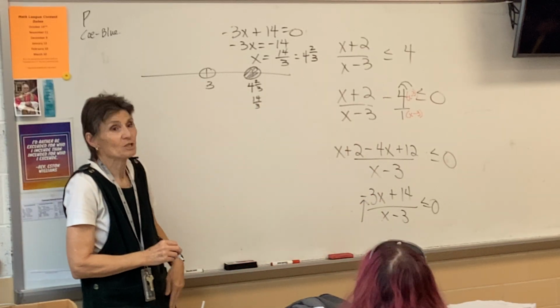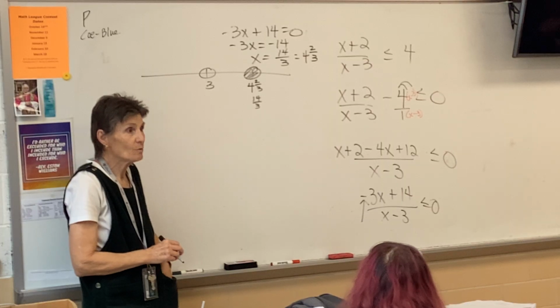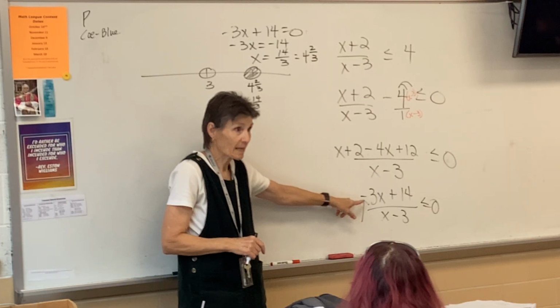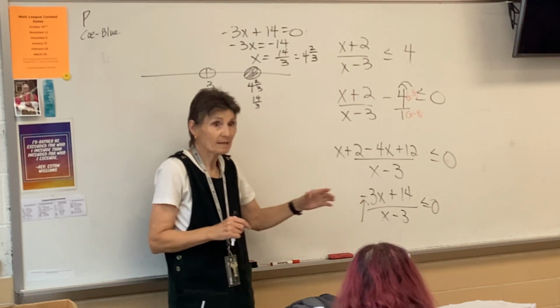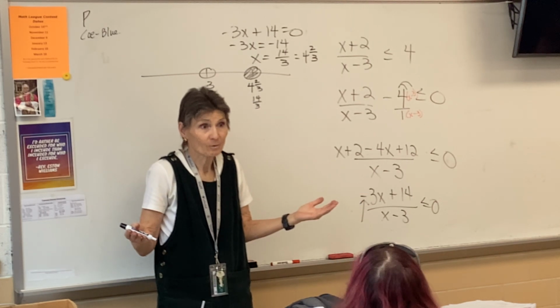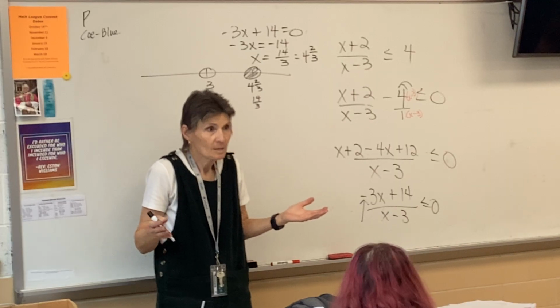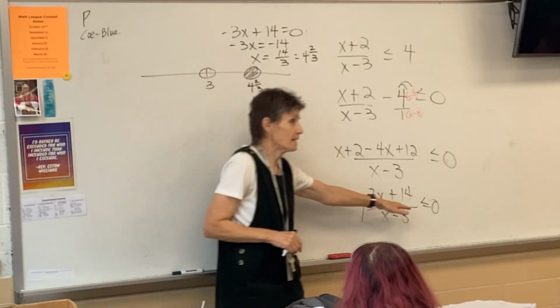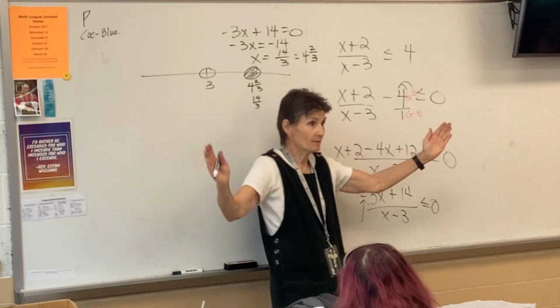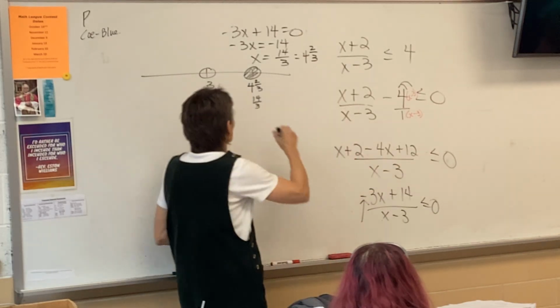When you end up with a negative out here in front, like that, instead of doing what you should do, you do the upside down or the backwards of it. So we should have been shading in the middle, but we're not going to. We're going to shade on the outsides.